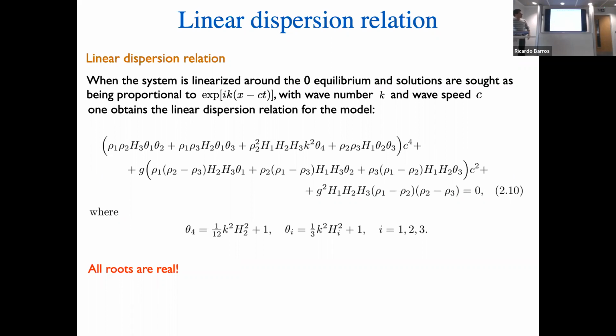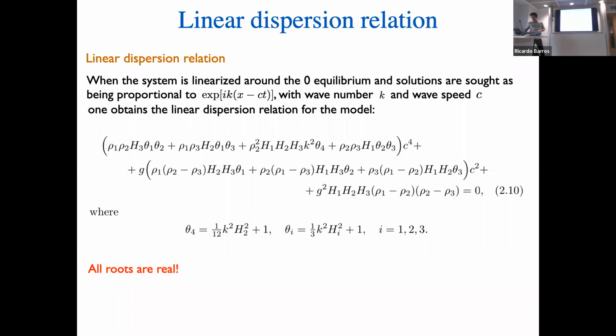So let's start with first things first: the linear dispersion relation. We linearize about the zero equilibrium for zeta 1 and zeta 2, and then we use normal modes to write down the dispersion relation, which is a big quadratic, okay? A good thing is that all the roots are real, regardless of the parameters that you put there, okay? So this is very, very good.